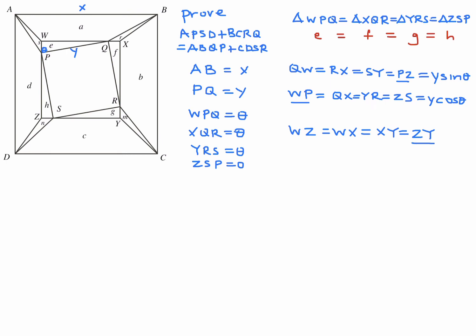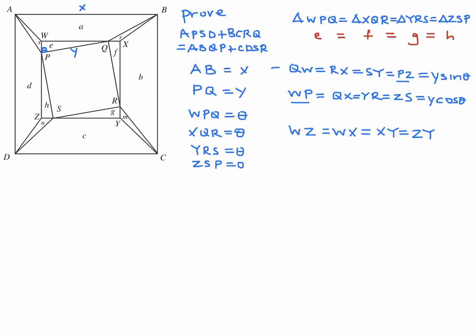And lastly, ZY is from here to here, which is the equivalent of ZS plus SY. So ZS is here and SY is here. So when you add up all these guys, you get these results, and those all have to be equal because their sums are equal, because each of these was one of these and one of these.